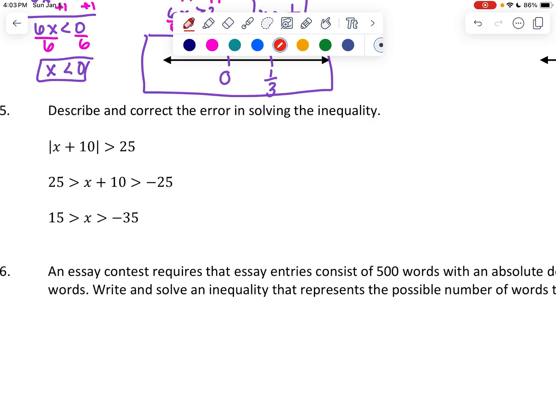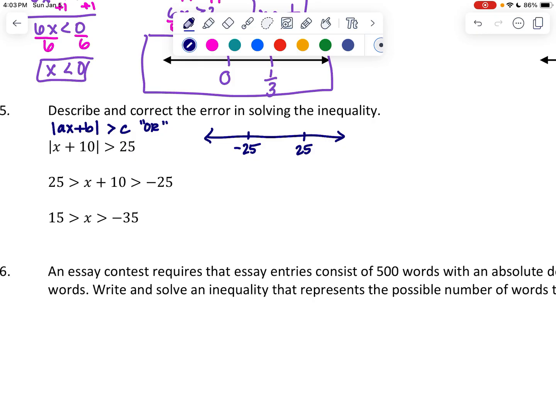So I have the absolute value of x plus 10 is greater than 25. So this right here, I have the right format. I have ax plus b. I have is greater than c. Okay, this is going to be an OR inequality. That's great. So if I kind of think about it on a number line, I'm going to have negative 25 to the left, positive 25 to the right.